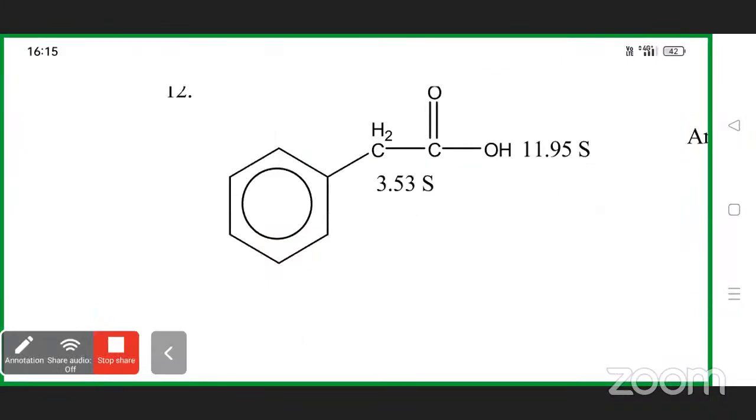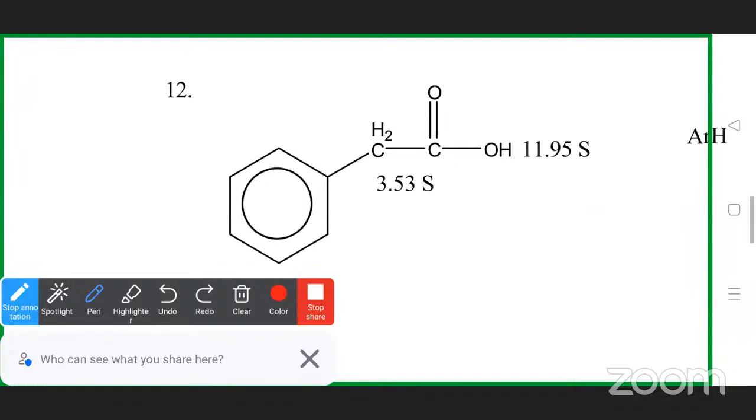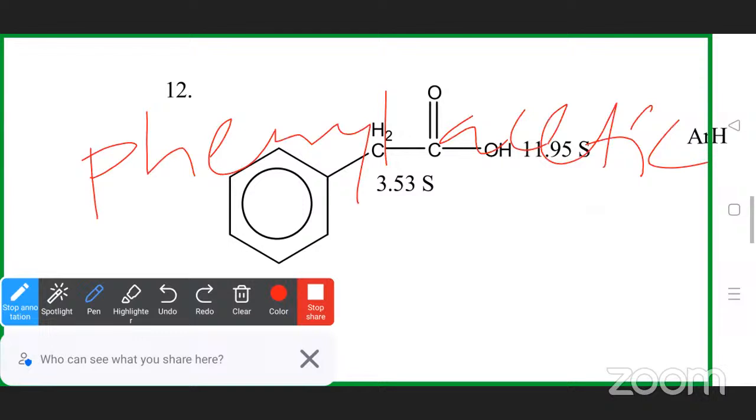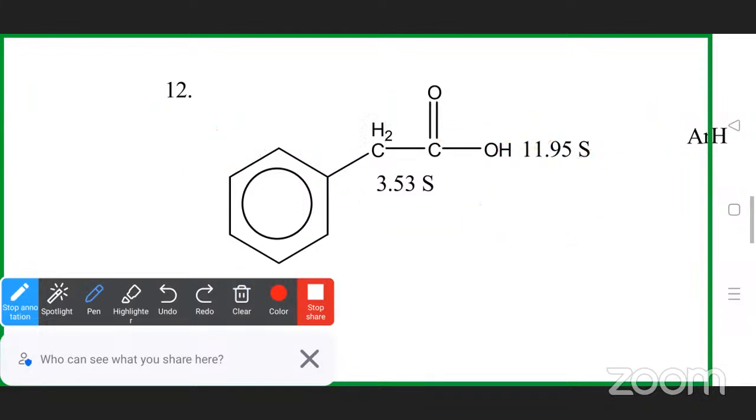This is the carboxylic acid, phenylacetic acid. In phenylacetic acid, how many signals appear here? For the aromatic benzene ring, you will get a multiplet, and for the other protons you get one signal each.